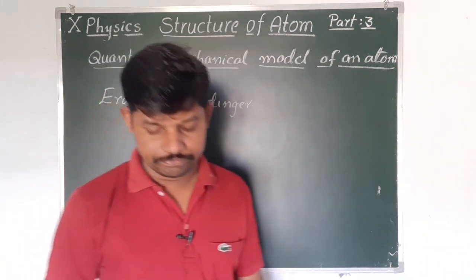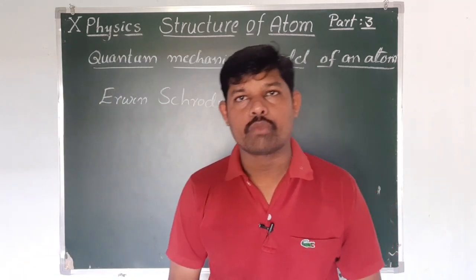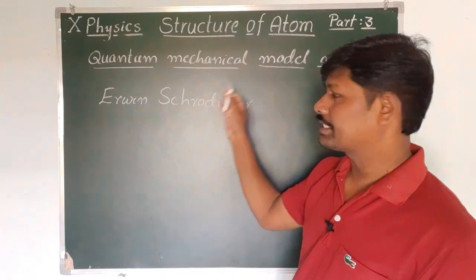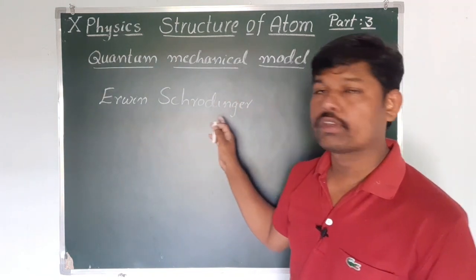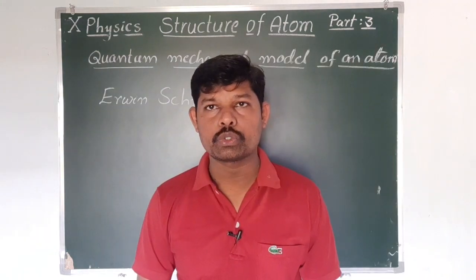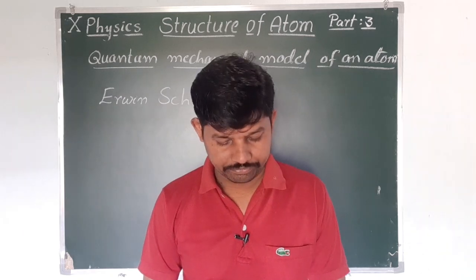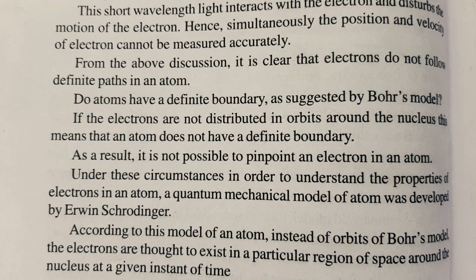According to this model of an atom, instead of the orbits of Bohr's model, the electrons are thought to exist in a particular region of space around the nucleus at a given instant of time.